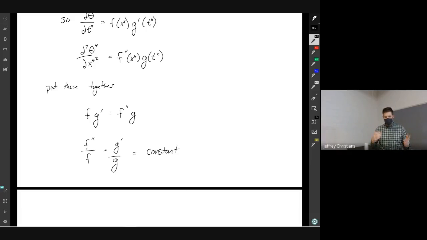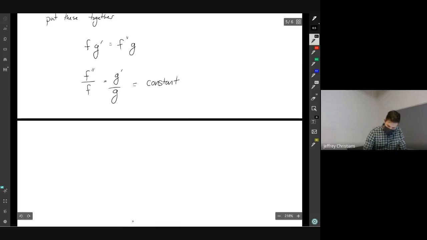Okay, so if this is true, then those two things must both be equal constants. So what does that mean practically? It means f double prime divided by f equals a constant.